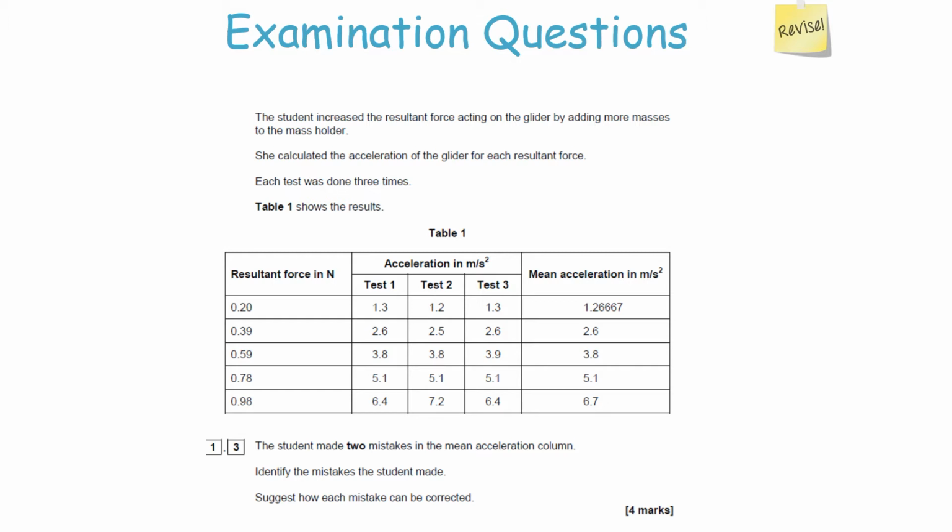From looking at these values, in the final row we've got 6.4, 7.2, 6.4. Well, 7.2 stands out as quite significantly different, especially when you compare it to all the other rows, because in all the other rows they're out by about 0.1 from each other, but in this one it's quite significantly out.